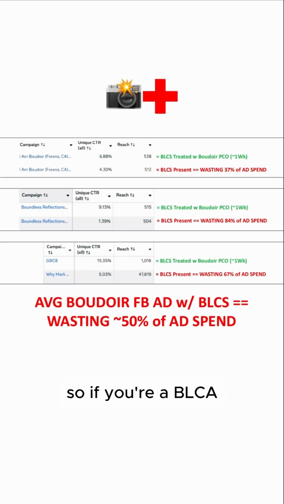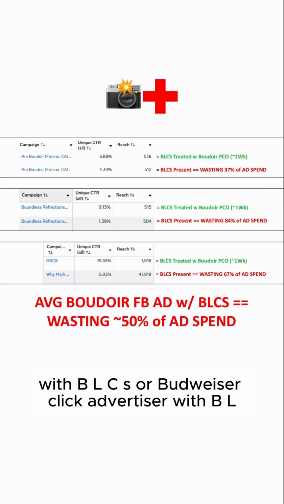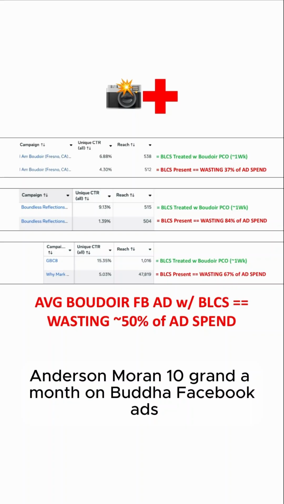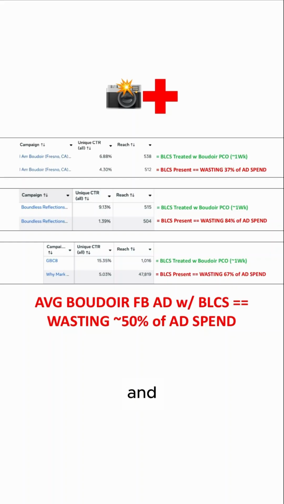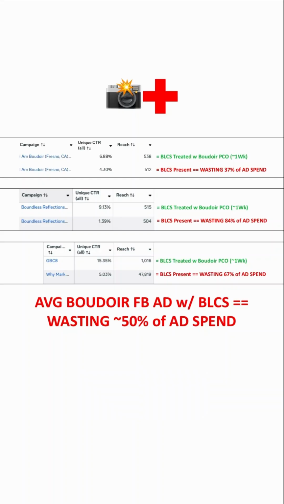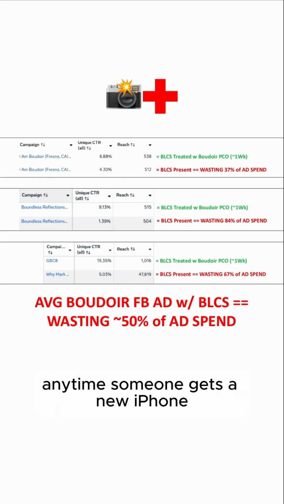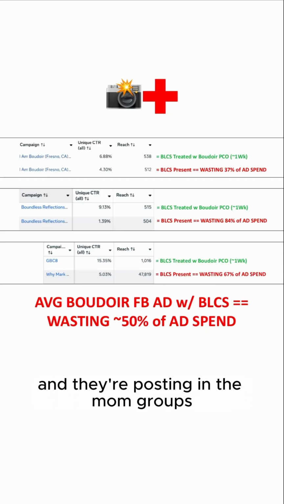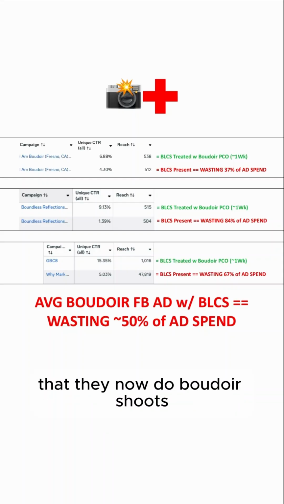So if you're a BLCA with BLCS, so Boudoir low click advertiser with BLCS, and you're spending more than 10 grand a month on Boudoir Facebook ads, and you're seeing the market get more saturated with more boudoir photographers. So you're seeing, anytime someone gets a new iPhone, they're throwing out their Google My Business profile that they now do boudoir, or they get a new camera and they're posting in the mom groups that they now do boudoir shoots.